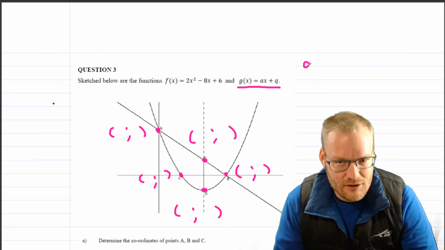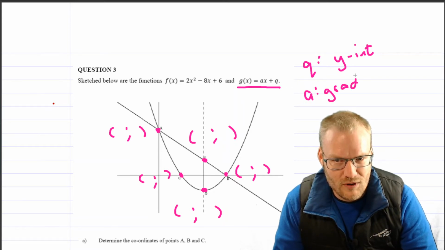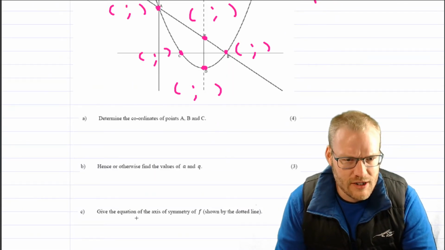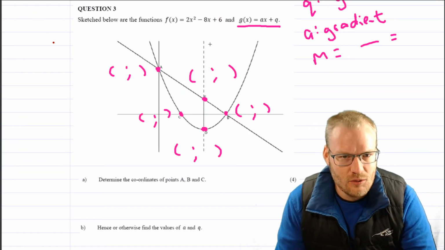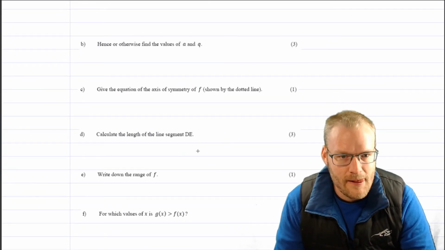So I'm going to write here that the q we know helps with our y-intercept, and for a we can look at gradient, m equals etc., and you'll get the answer there. Okay, give the equation of the axis of symmetry. My hint to you is to find out the coordinates of D, and once you've got those, it'll be very easy to find the axis of symmetry.